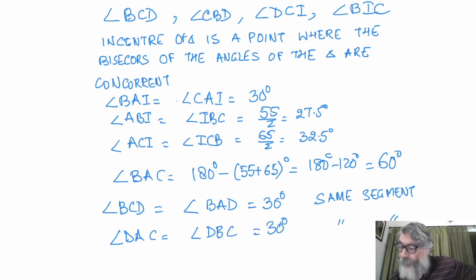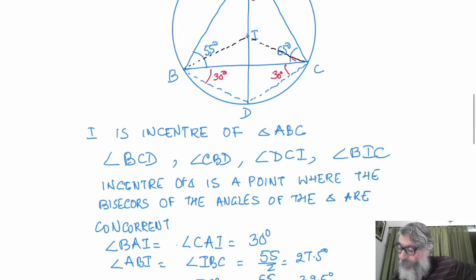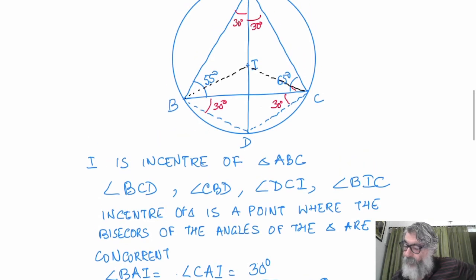So I have got angle BCD, which has come out to be 30 degrees. I have got angle CBD, which is also 30 degrees. I need to find angle DCI. DCI is very simple. This is dividing, so 65 upon 2 plus 30.